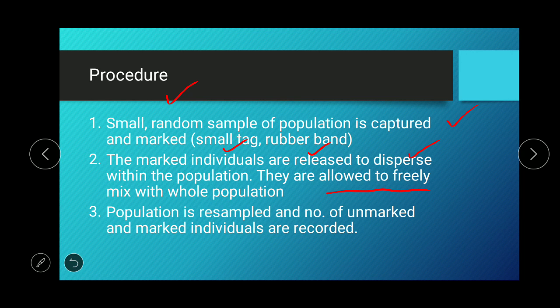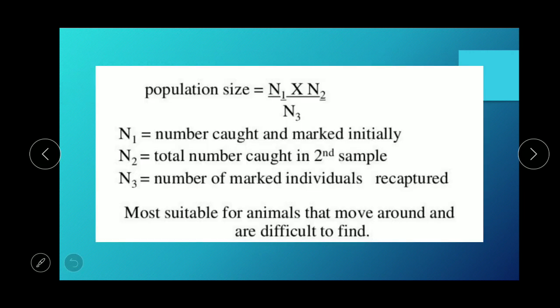So again you have to resample the population, and record the number of unmarked and marked individuals. Here the formula is: population size is equal to n1 into n2 divided by n3. So n1 multiplied by n2 divided by n3. Let's see what n1, n2 and n3 are. The number of individuals caught and marked initially is n1.